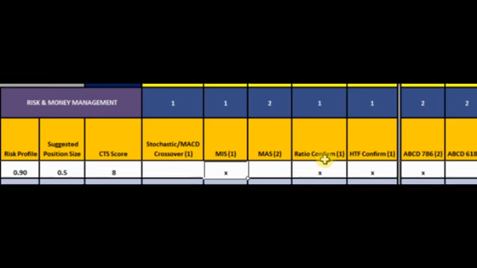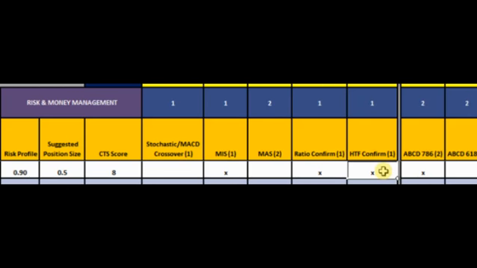It also scored points for ratio confirmation, meaning that price did trade at an area where there was a significant price retracement as well as a significant price extension.